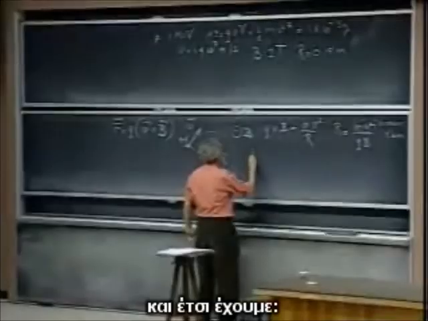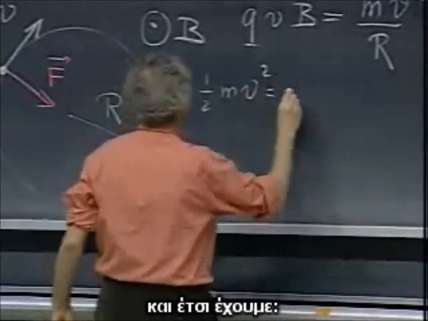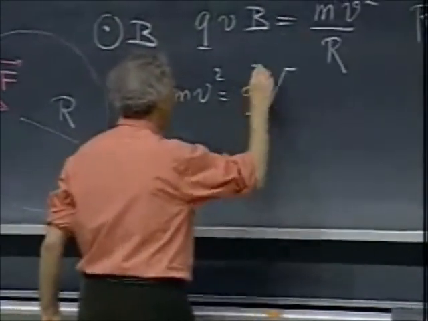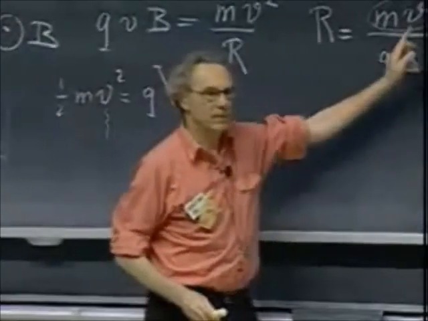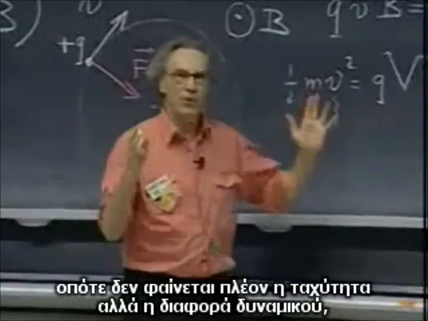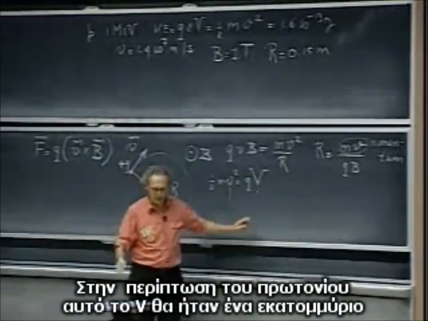So we have that 1/2 mv squared equals q times delta V, but I will write for that just a capital V. And I substitute this V now in here. And so I no longer see the velocity, but I now see this potential difference. In the case of that proton, this V would be 1,000,000.